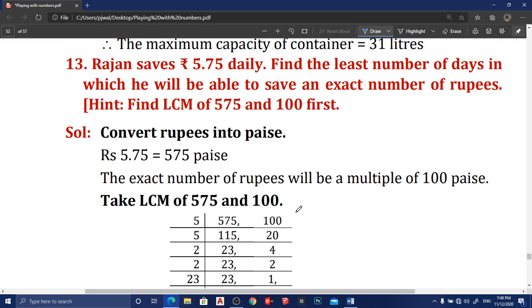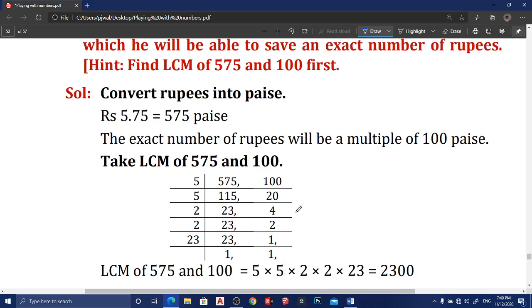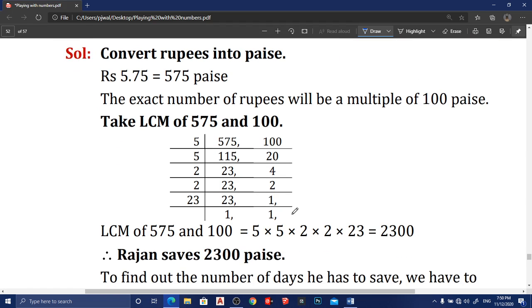If you take the LCM of 575 and 100, you will get 2300 paise.